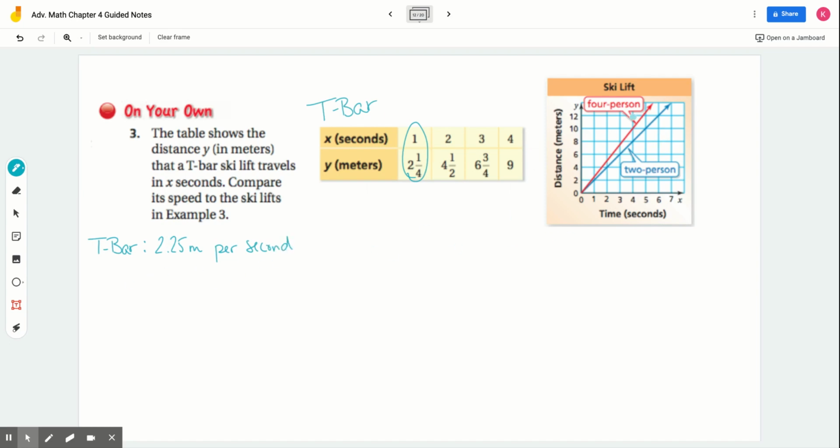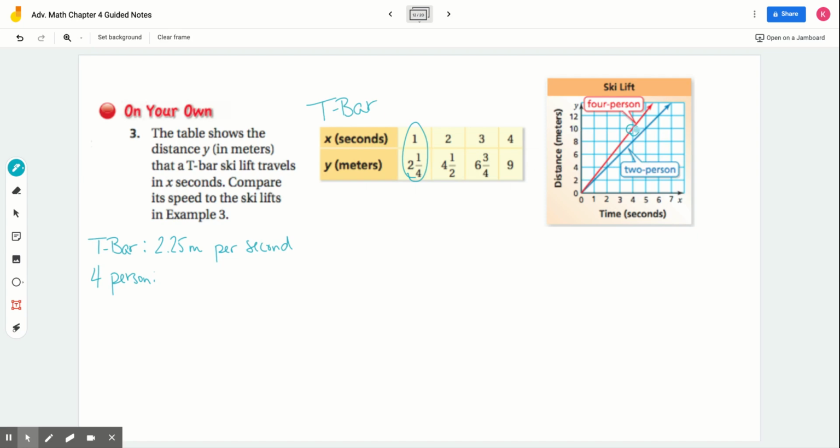Now, looking at the 4-person lift, where does it cross at the slope of 1? Since it doesn't cross exactly at 1, we might have to go up a little ways. So it looks like here it probably crosses at a perfect corner.